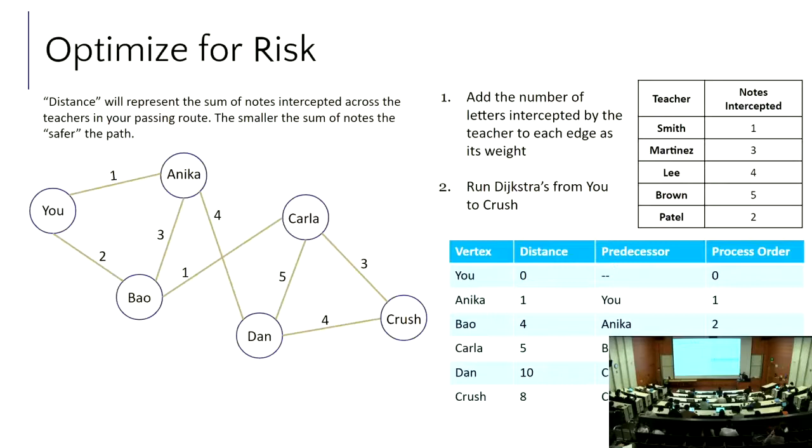I've got the same graph with the same relationships, but the weight that I've put is the number of notes intercepted by each teacher, with the assumption being, hey, if a teacher intercepts more notes, they're more likely to continue to intercept notes. And so again, I can just run Dijkstra's, but use the weight of how many notes the teachers have intercepted to try and find the path through to my crush, only swapping hands in periods with the least amount of notes intercepted.